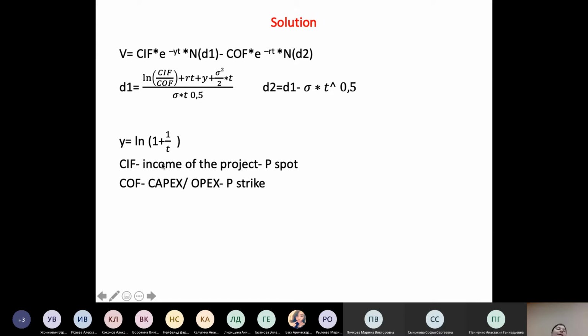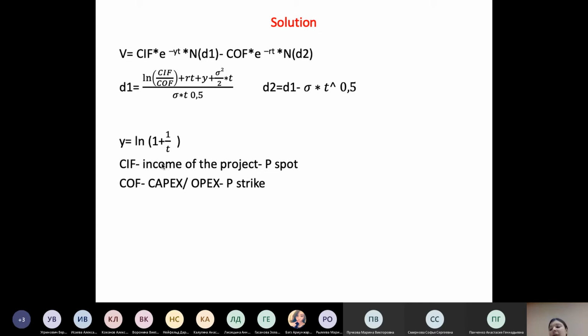As for our Y, let's refresh this formula. Our losses will be the natural logarithm of 1 plus 1 divided by t, where t is the period of possessing the asset.